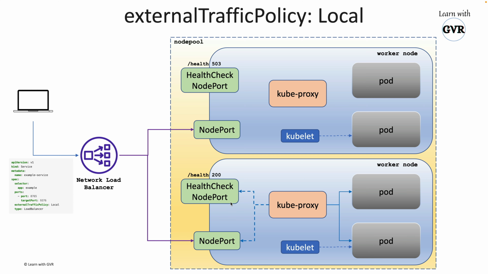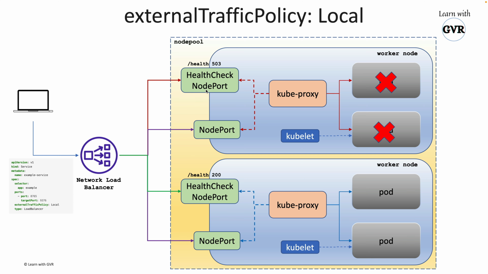So here what happens is, my worker node 1, this pod and this pod have completely crashed and died, and somehow this health check is green, while this health check is not working because it returns 503 and this returns 200, right?